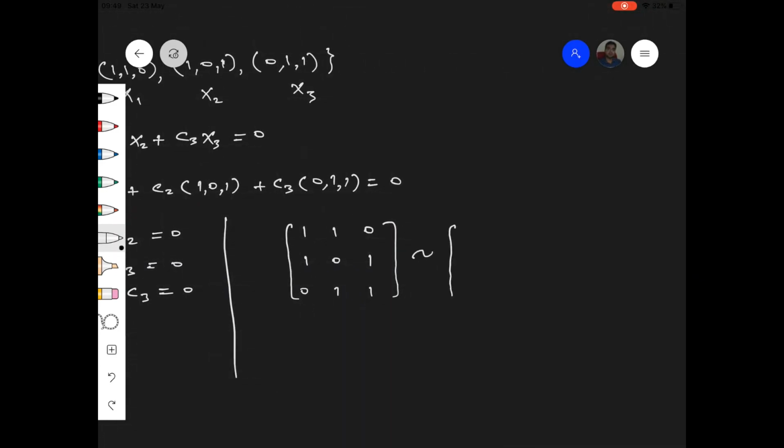We use the fundamental row operation: R2 is replaced by R1 minus R2, and we have the new second row 0, 1 and minus 1. In R3 we apply the row operation R3 replaced by R2 minus R3, and this will lead us to 0, 0 and minus 2.